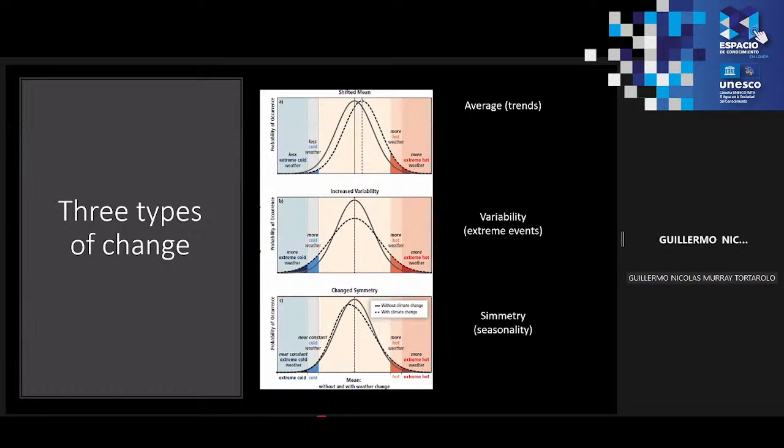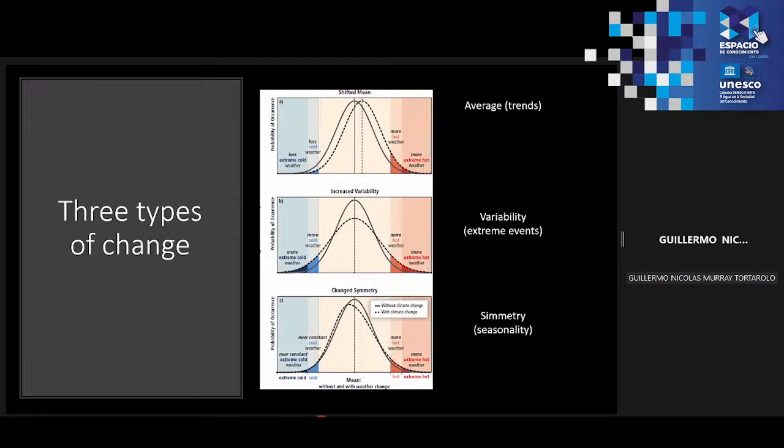But when we think about climate change, we're actually referring to three different aspects of climatic variability that we are altering. They're all happening at the same time, which makes it difficult sometimes to divide each one. We are talking about changes in climate averages, the most common one being increasing temperature. We're talking about increased variability: we have the same climatic average, for example, the same annual precipitation, but we are seeing more extreme events, more droughts and more flooding.